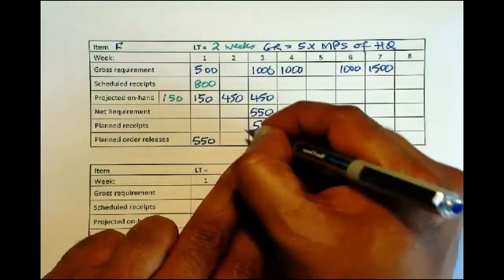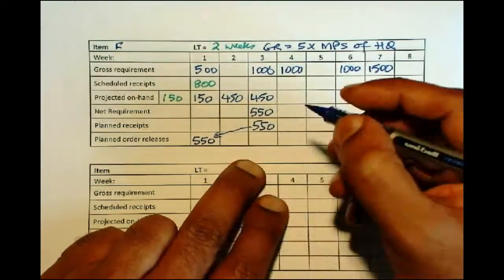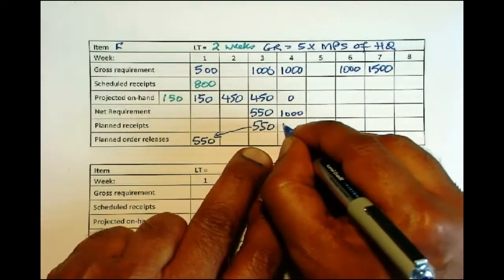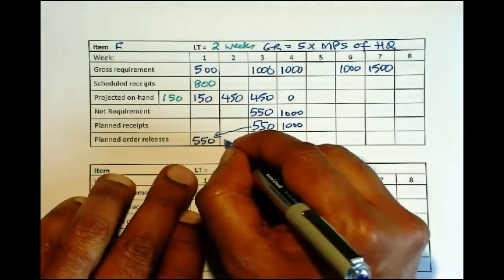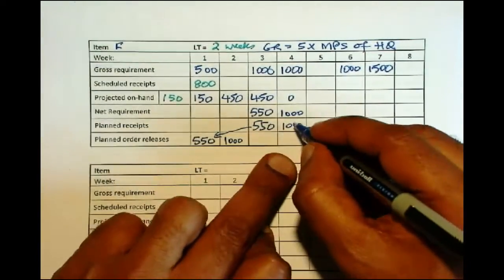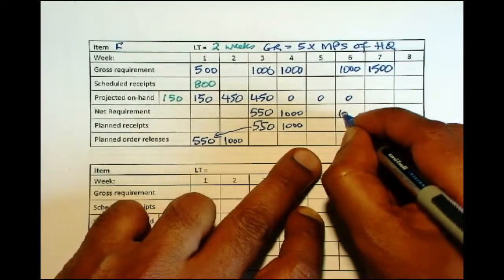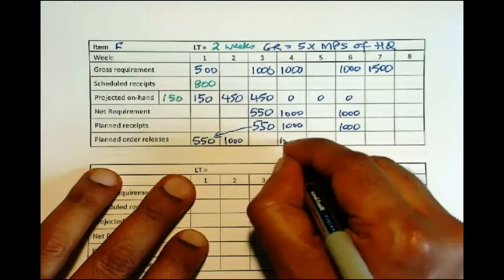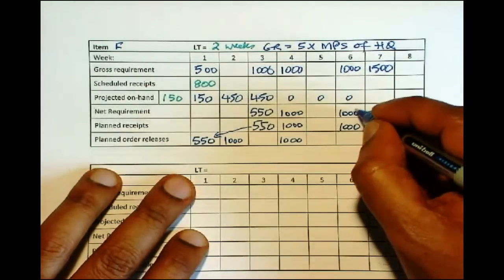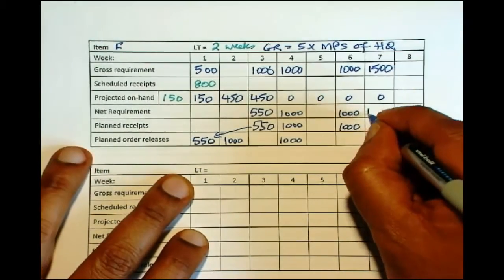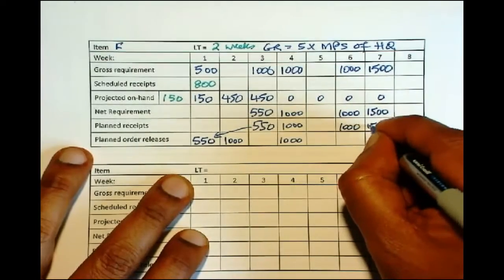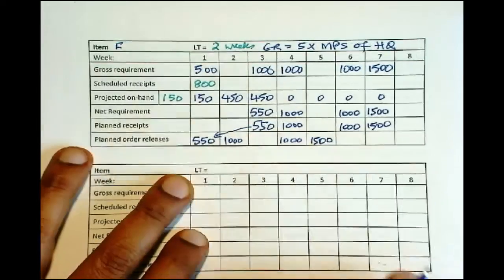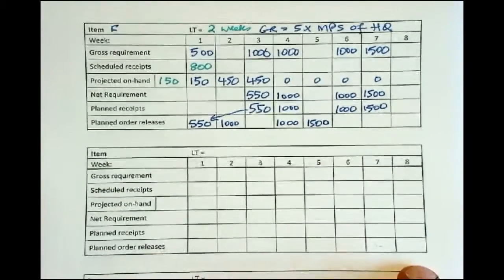Then 0, 1000, 1000, 1000, so 0, 0, 1000, 1000, with 2 weeks here. 1000 minus 1000 is 0, then 1500, 1500, and again 2 weeks, 1500. And that's item F.